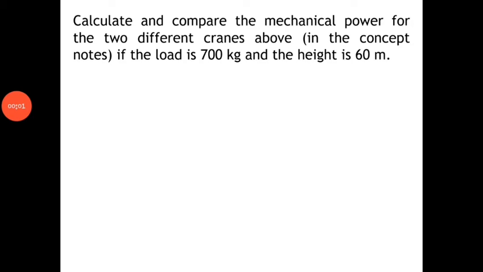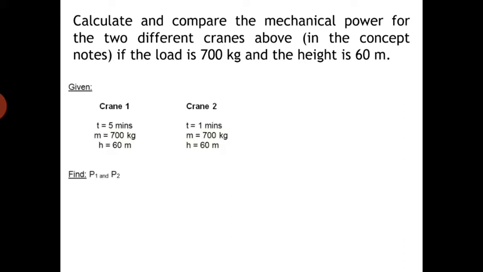Okay, now for the exercises, we have problem number 1. Calculate and compare the mechanical power for the two different cranes above, referring to the concept notes. If the load is 700 kilograms and the height is 60 meters. So we have given, identify the given for crane 1 and crane 2. We have time for crane 1, which is 5 minutes.